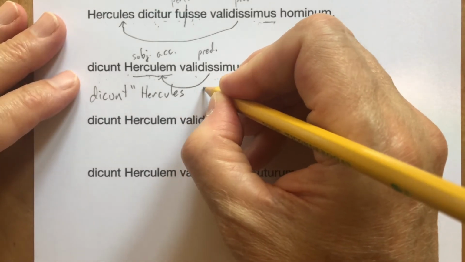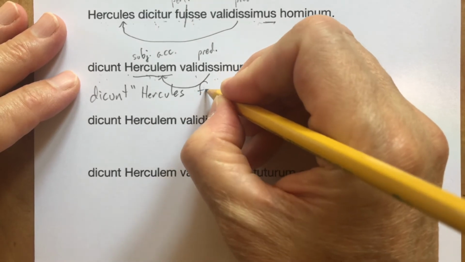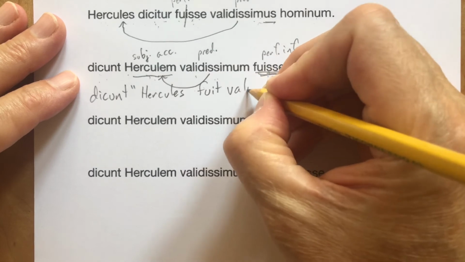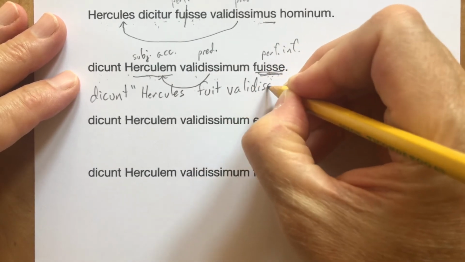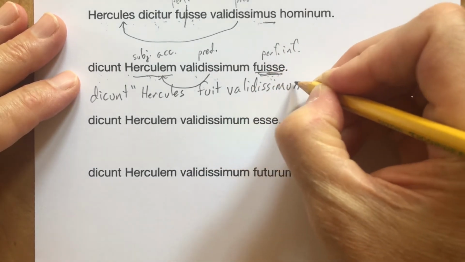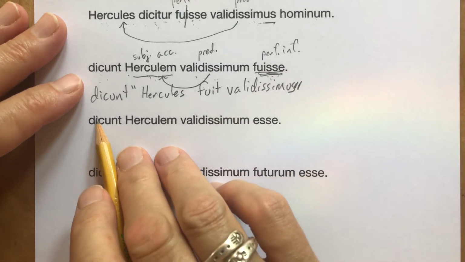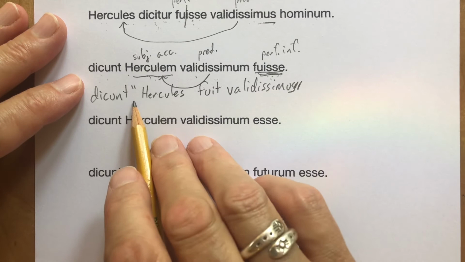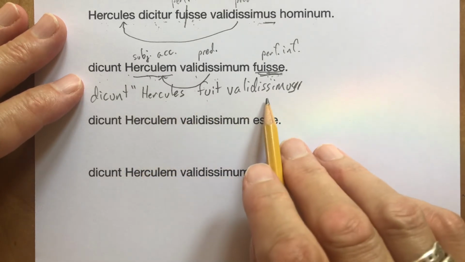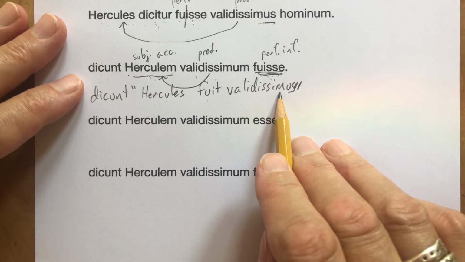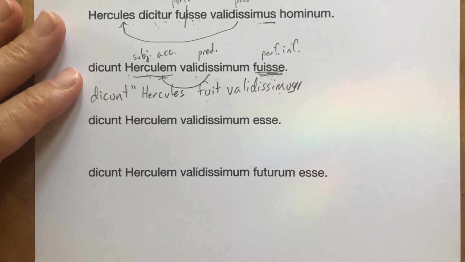And so we'll just say, fuit validissimus. How about that? Just a regular statement inside quotes. Dicunt, they say, quote, Hercules fuit validissimus. Hercules was the strongest. Okay, that's direct, but we're really focusing on indirect statement here.